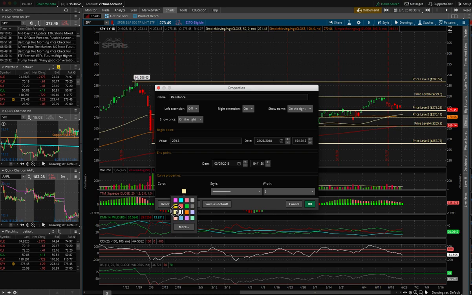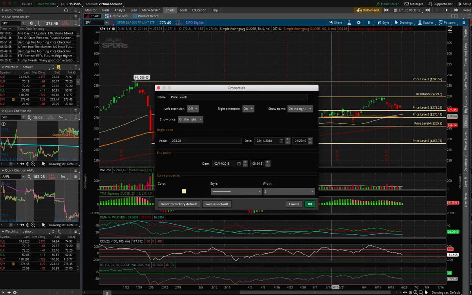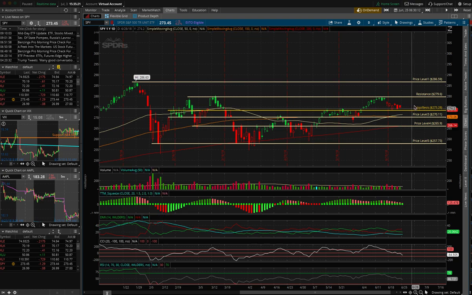You can change it to whatever color you want. If your price is above, like here, you can put support/resistance and change that color too.